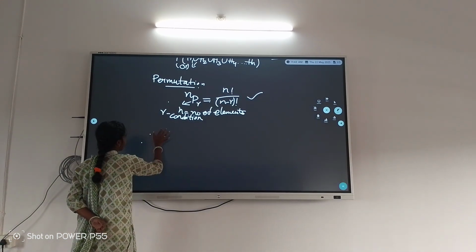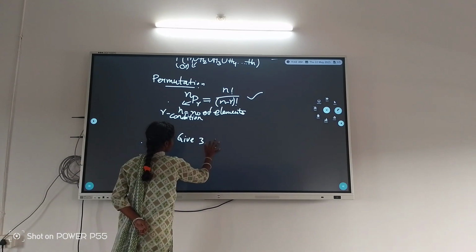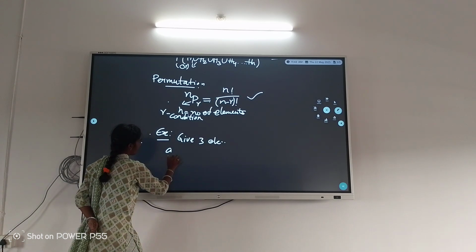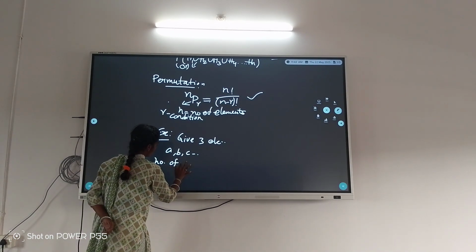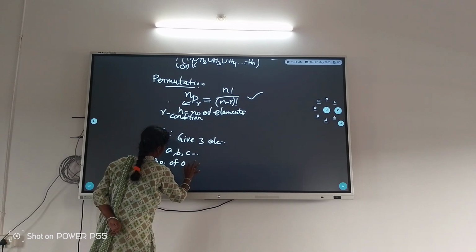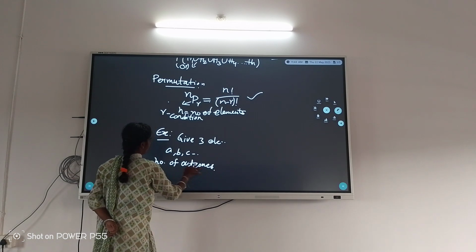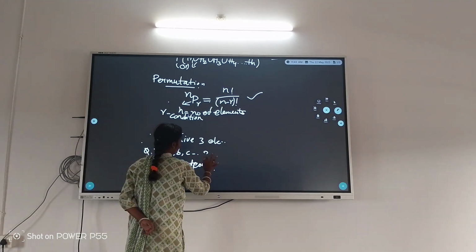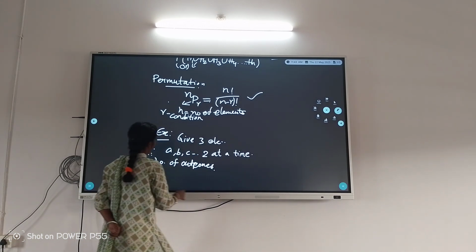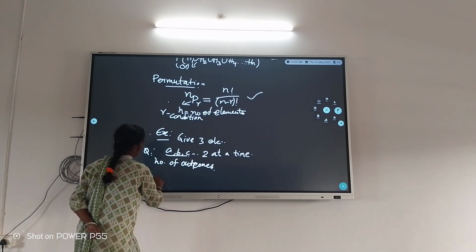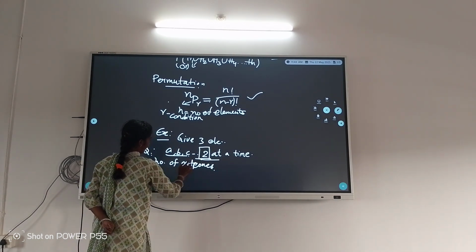For example, if you are given three elements A, B, C, the number of possible outcomes, when the question is given as 2 at a time, we take the three elements and their combinations in order, 2 at a time.